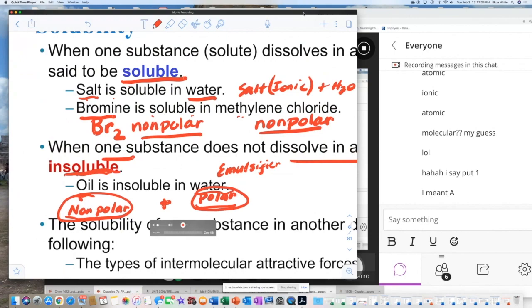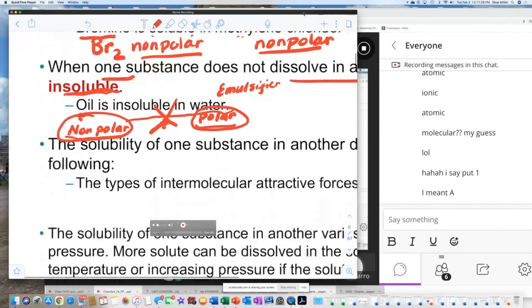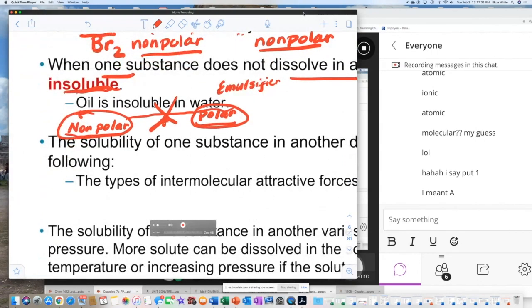Sometimes you can even use a physical process to mix the two. Like if you beat butter and eggs and water to make a cake, the act of using that, what's that thing called? The mixer, the electrical mixer, forces them to make a pseudo solution. Okay. But naturally, if you add these two together, they will not form a solution. You have to add a third entity to force that to happen.